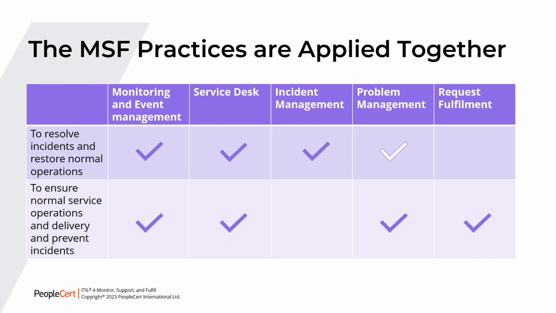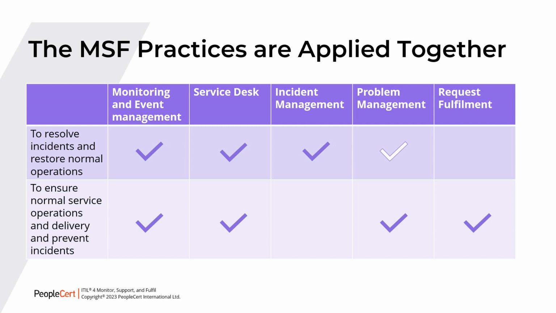In order to minimize downtime, resolve incidents, and restore normal operations, we can see that monitoring and event management, service desk, and incident management are all involved. Problem management is involved, but proactively, and we'll talk about that later on in the course. Ensuring normal operations and delivery and preventing incidents, this is to extend uptime, is achieved also through monitoring and event management, by service desk, by problem management, and by request fulfillment.